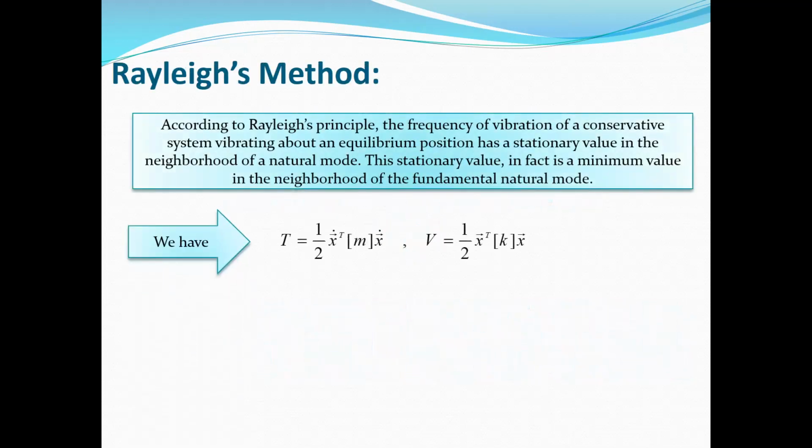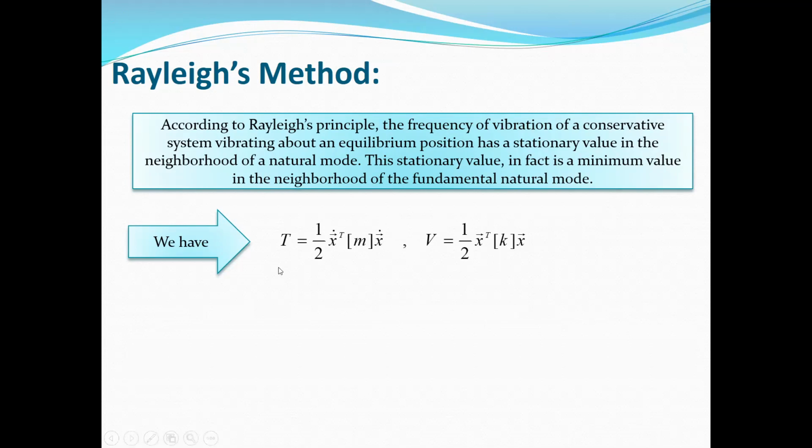As I told you, similar to the system with single degree of freedom, for a conservative system, where there is no damping or no component which dissipates the energy, we can write the kinetic energy and potential energy as these two terms.